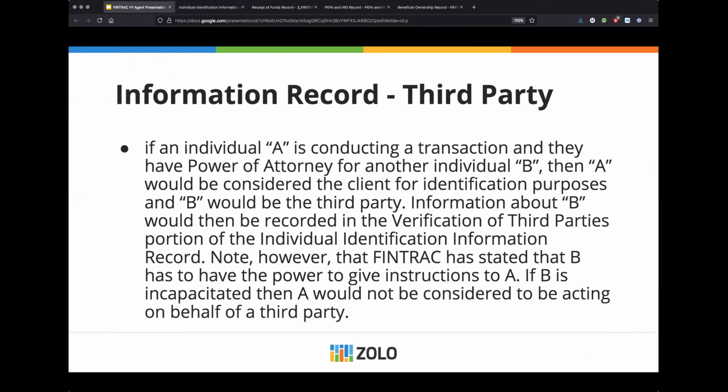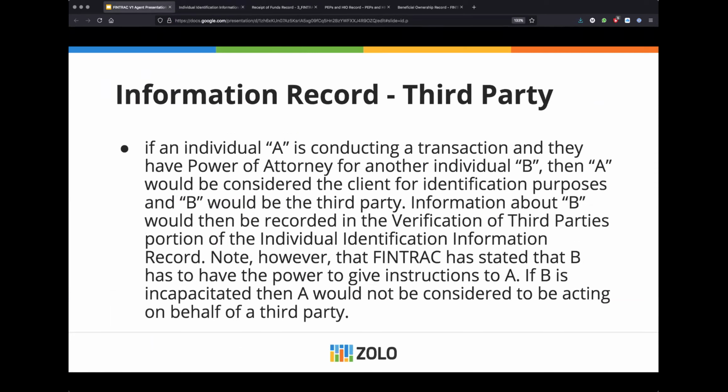So let's specifically discuss an example of when a third party is involved. If an individual, A, is conducting a transaction and they have power of attorney for another individual, B, then A would be considered the client for identification purposes, and B would be the third party.